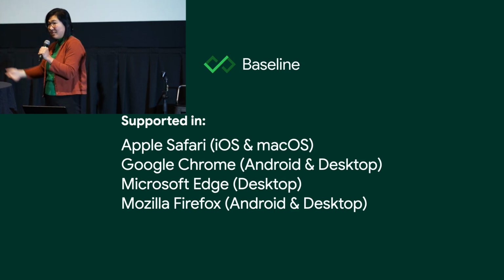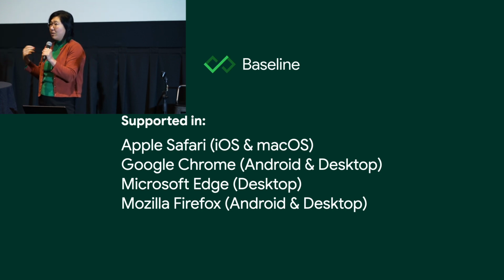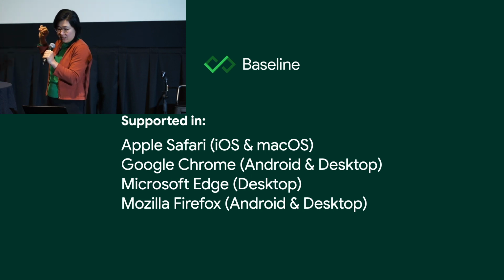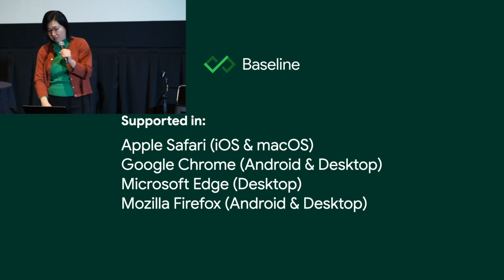So when you're reading an article or using a library and it says, by the way, this is Baseline, you can confidently trust the level of browser compatibility, because saying it is Baseline means it is supported by all 4 major browsers, both mobile and desktop.